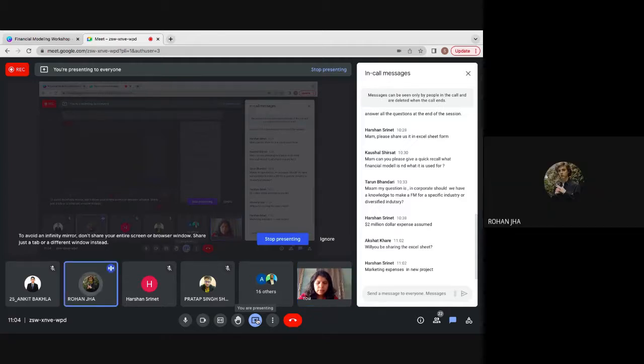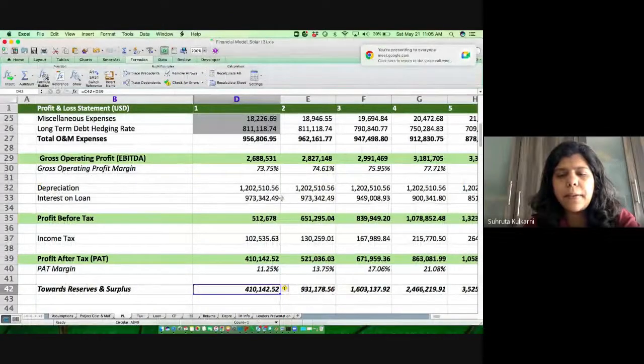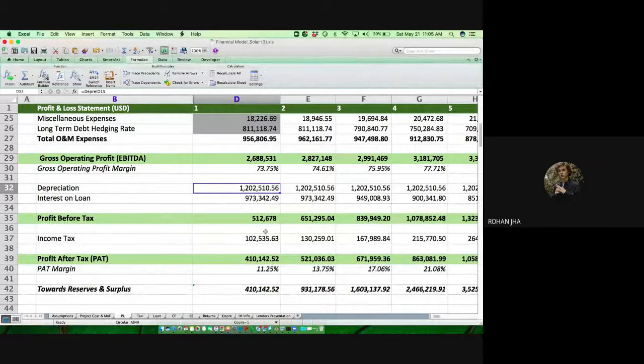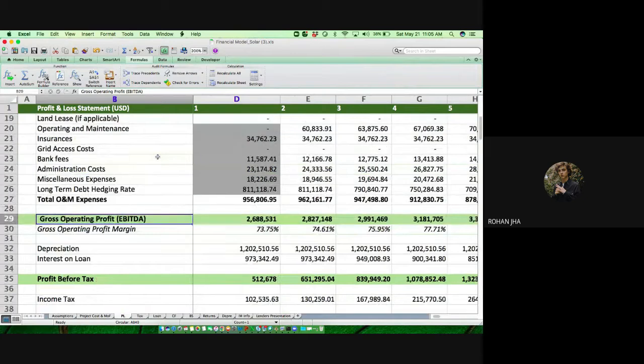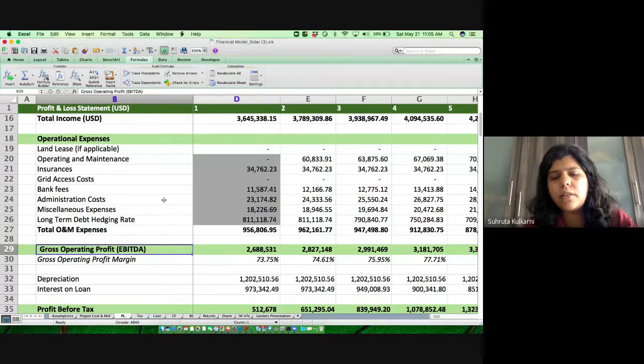There were different kinds of terms, and I didn't know how to calculate them. Sure, can you tell me any specific terms that I can take you through? EBITDA, profit before tax, and PAT margin. Sure. EBITDA is earnings before interest, tax, depreciation, and amortization.